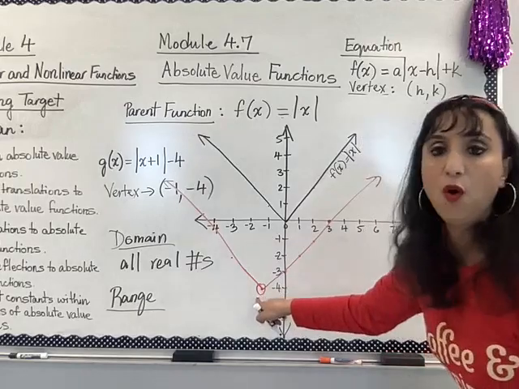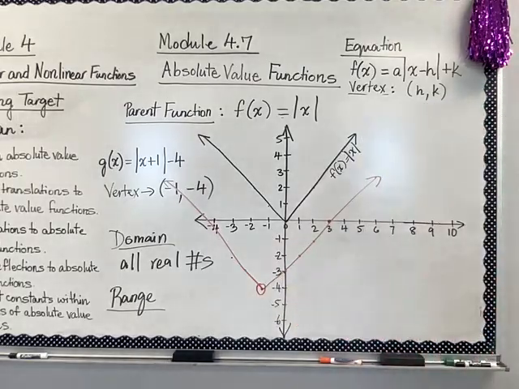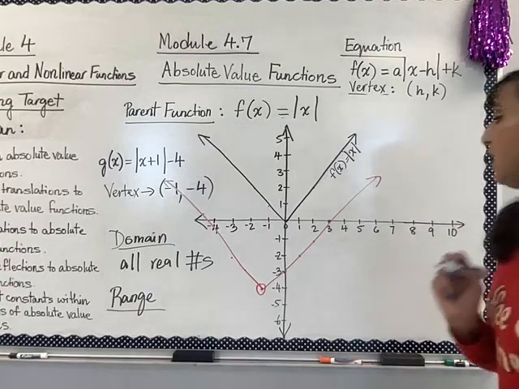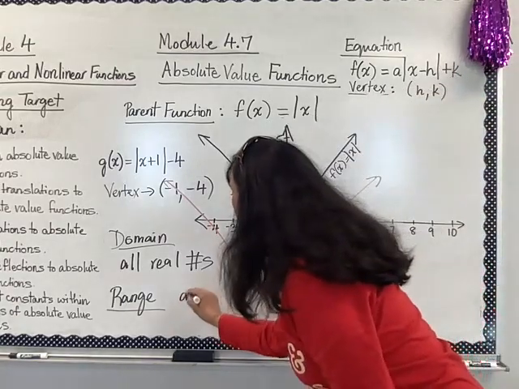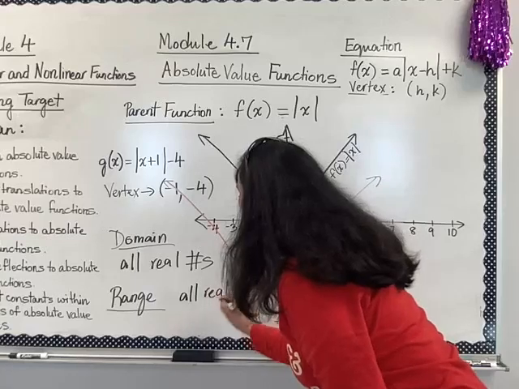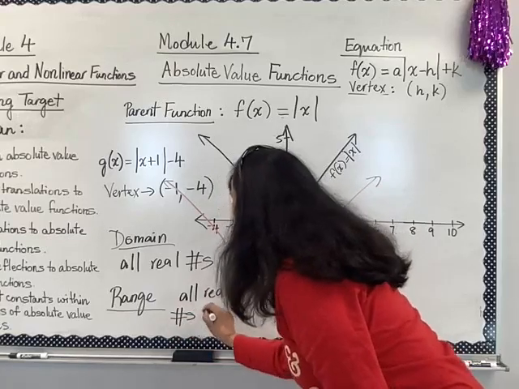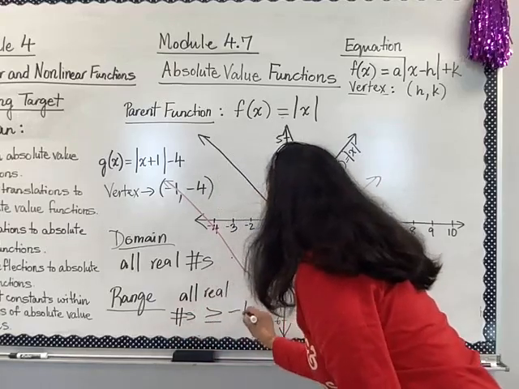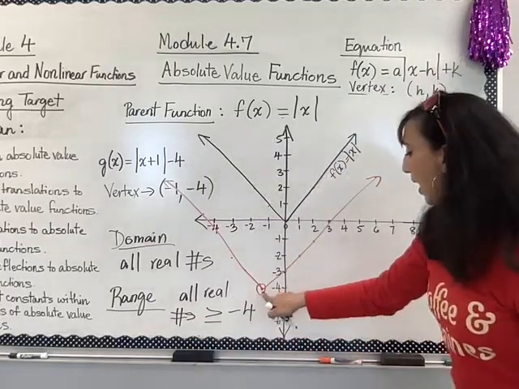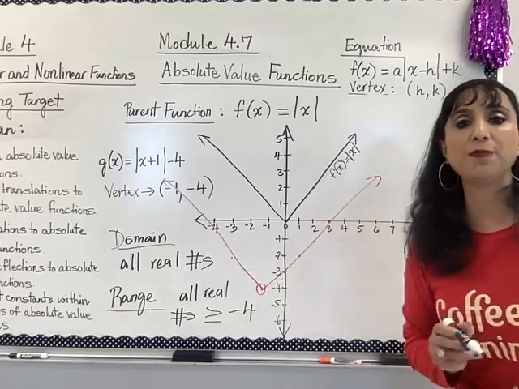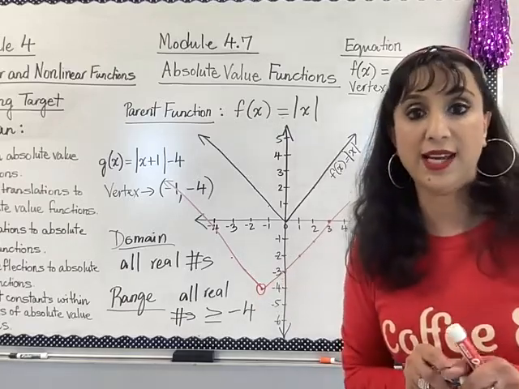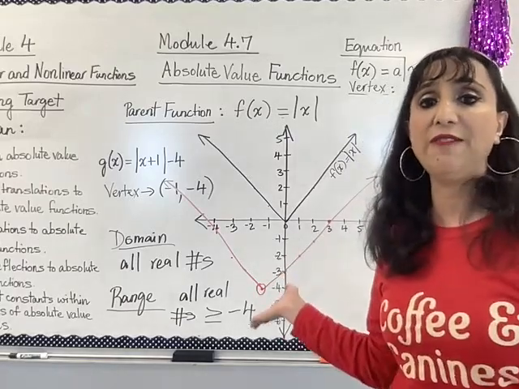It's -4. So the range is all real numbers greater than or equal to -4, because as you can see, that is the lowest point of the vertex. Okay, so this is how I graph this one.